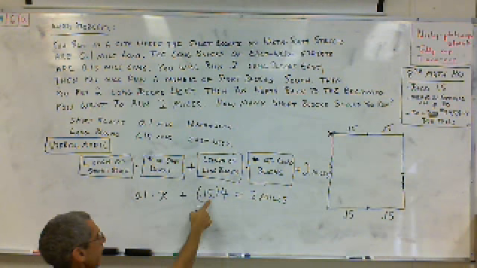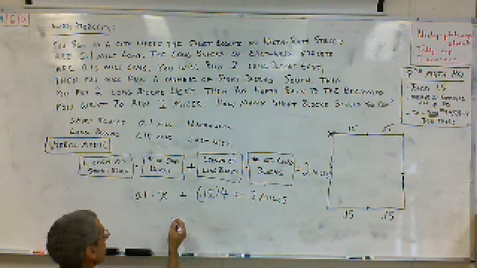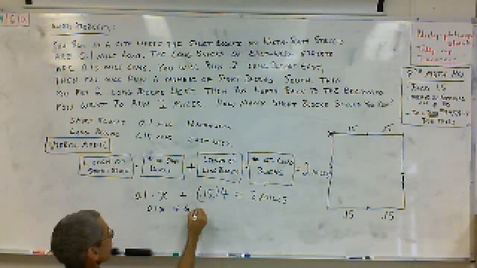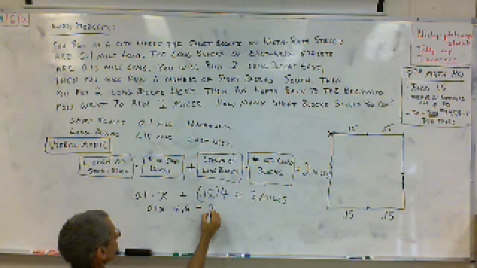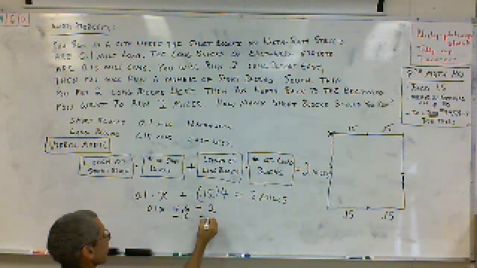What is 0.15 times 4? 0.6. Okay, so we're going to say we've got 0.1x plus 0.6 equals 2, right? There's our equation. So now we're going to subtract 0.6, subtract 0.6.